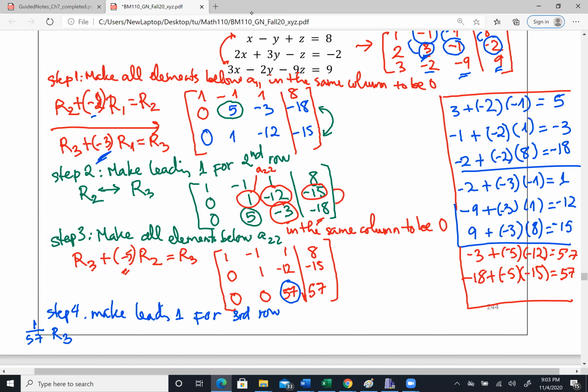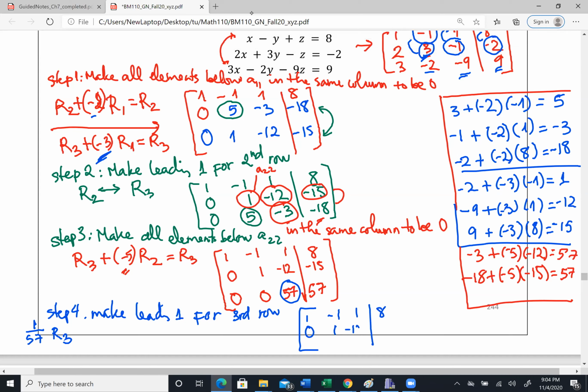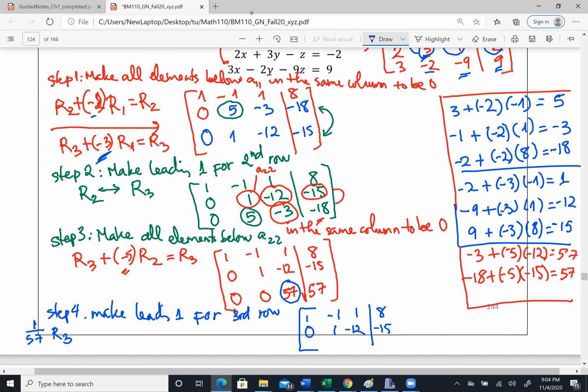Then you will have the new one as 1, -1, 1, 8; 0, 1, -12, -15; 0, 0, 1 and 1, right? Because both of these are divided by 57.